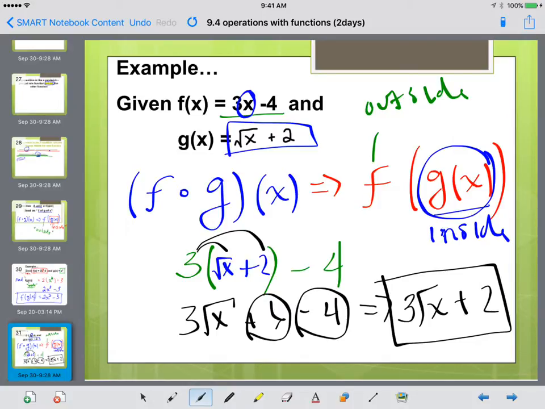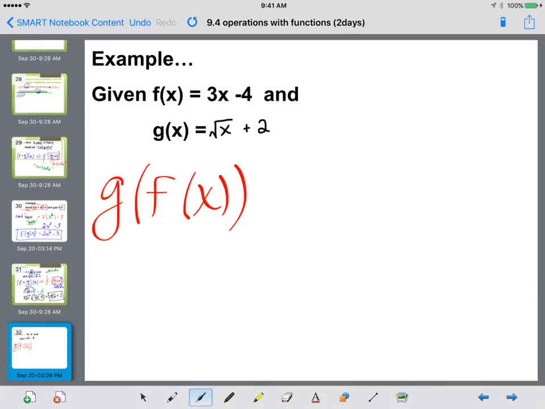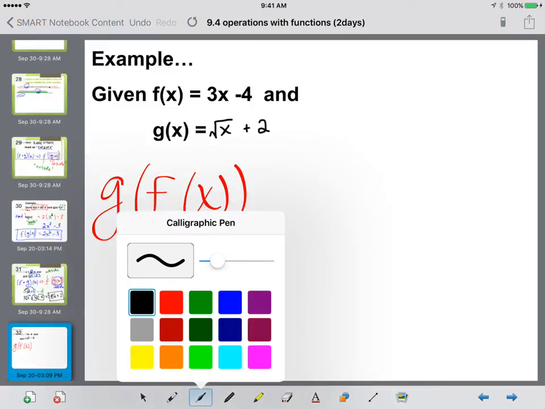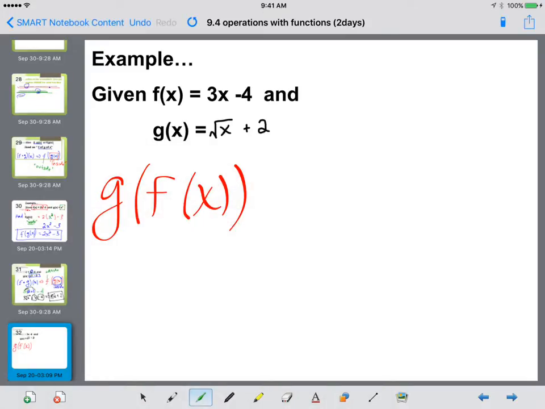Let's try one more. Okay, now we want g of f of x. It's a little different now, but let's establish f of x is my inside equation, and g of x is my outside.